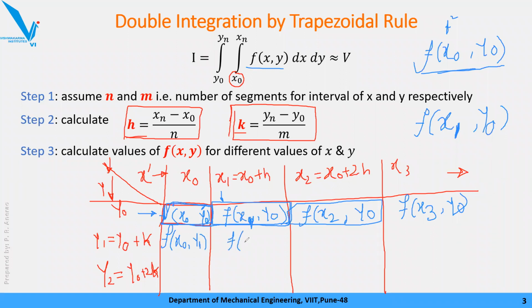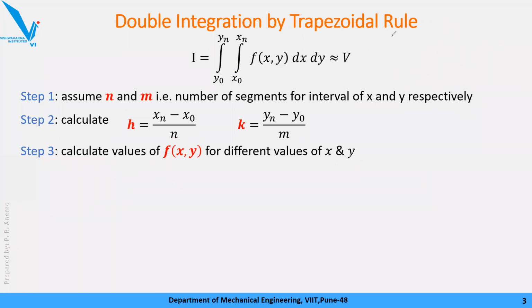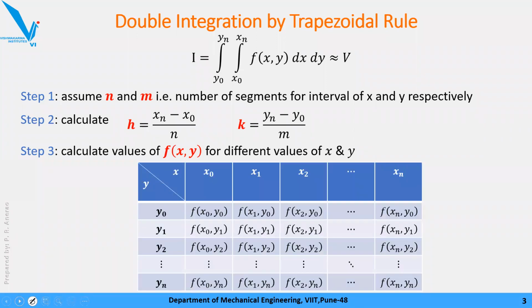Similarly f of x1 y1 and so on. I guess all of you have understood this part. So I'll show you the table now. So by following the method, you will populate the data in the table.